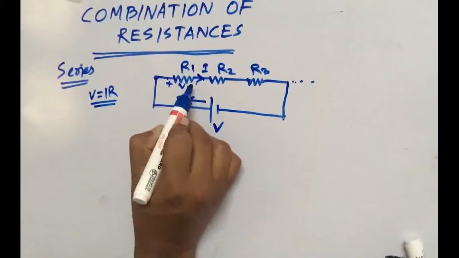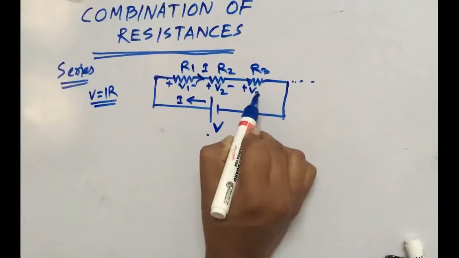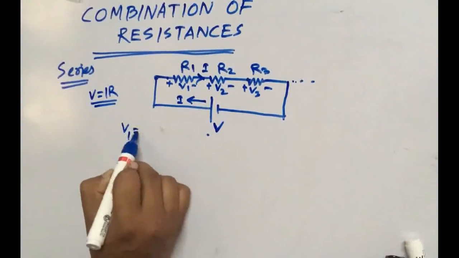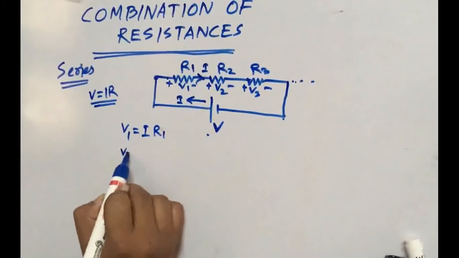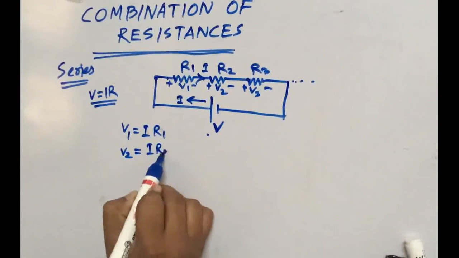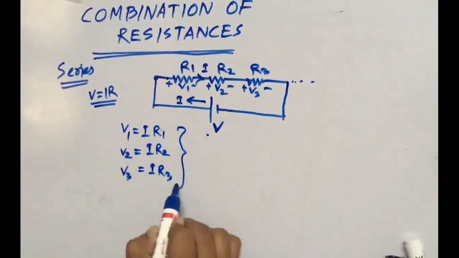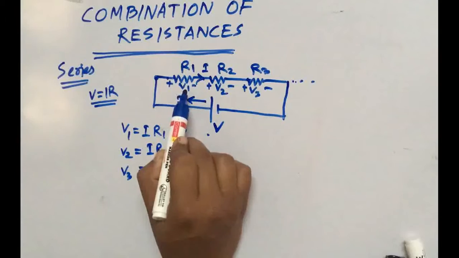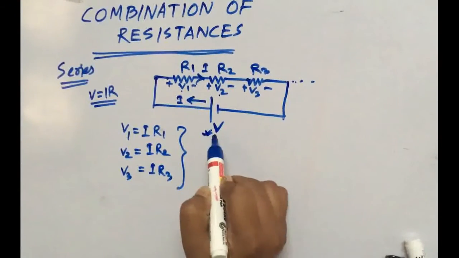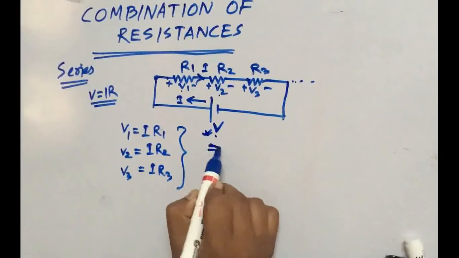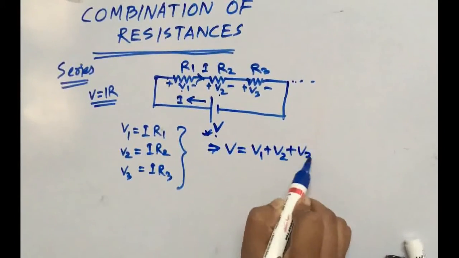Suppose V1 is the potential drop across R1, V2 across R2 and V3 across R3. Then V1 will be I into R1, as the current I flows through R1. V2 will be IR2, and V3 will be IR3. If we sum up V1, V2 and V3, we will get V. So V equals V1 plus V2 plus V3.